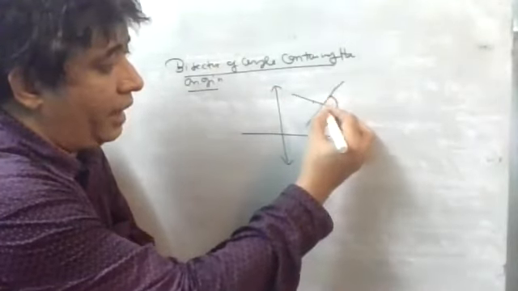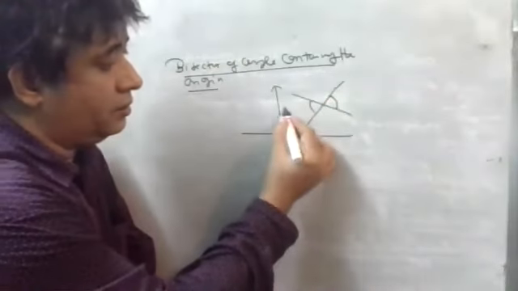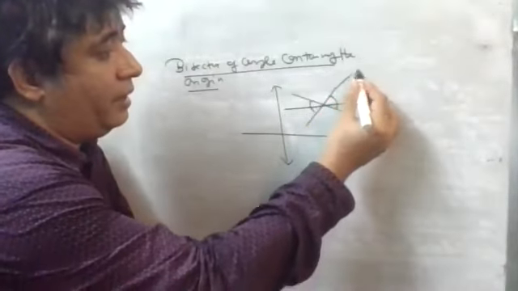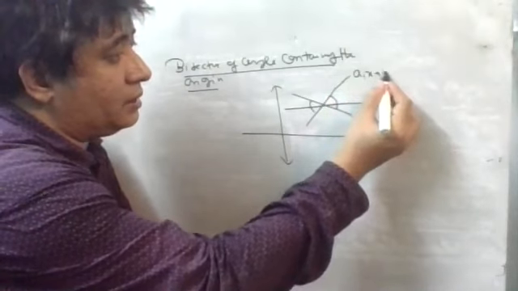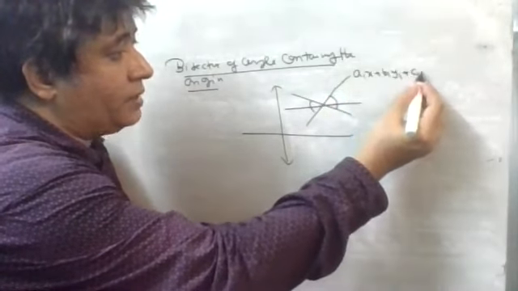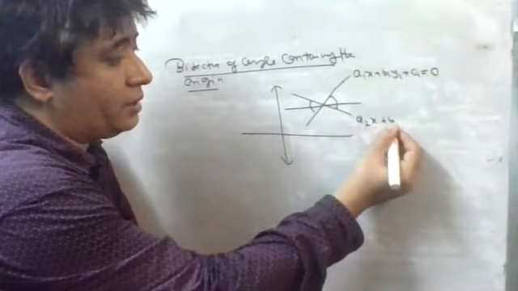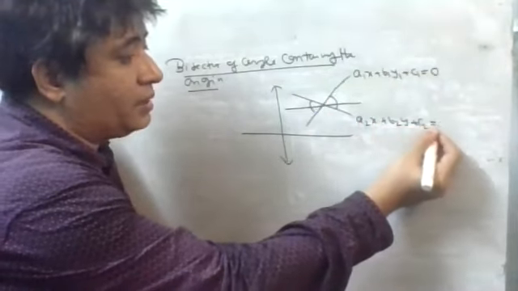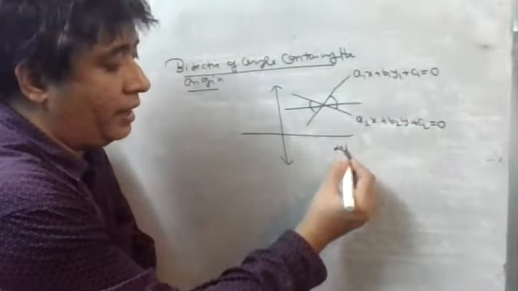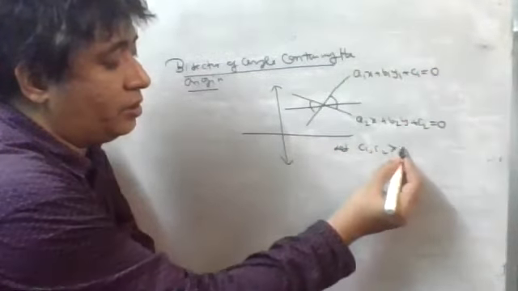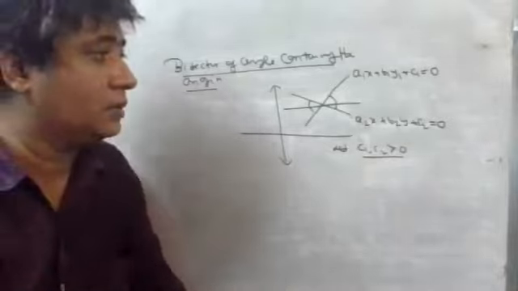This is the acute angle bisector, and I am letting this be a1x + b1y + c1 = 0, and a2x + b2y + c2 = 0, and I am letting c1, c2 constants greater than 0.